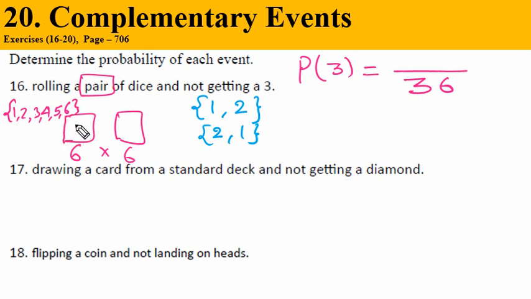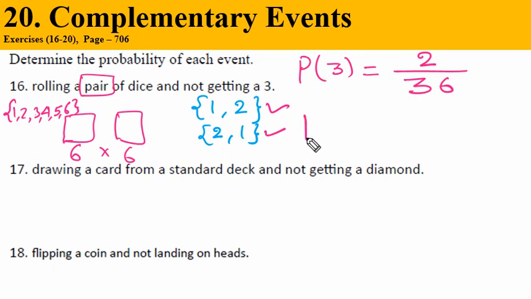If you say 3 here and 0 here, no, because 1, 2, 3, 4, 5, 6, there is no 0. So you cannot get it any other way, okay? So these are two favorable outcomes. One is this, the second is this. So 2 over 36 is the probability of getting 3.